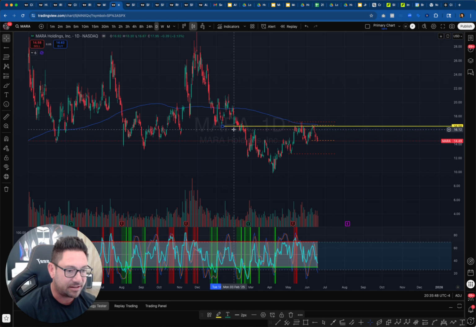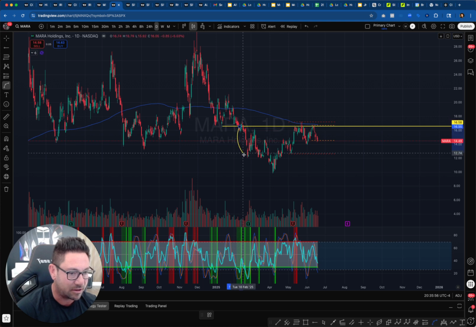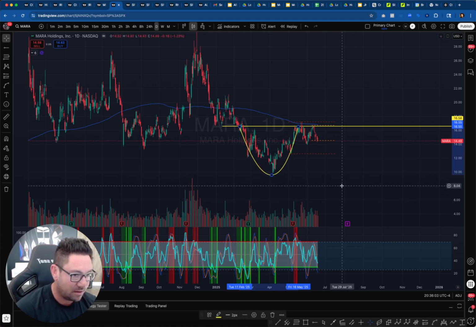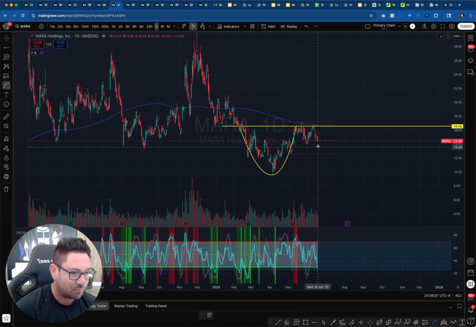So here you go, cup, handle, right? Let me draw it on just because it is a little wonky. So you got this, boom, cup, and then handle. But it's just not as clean, right, guys?